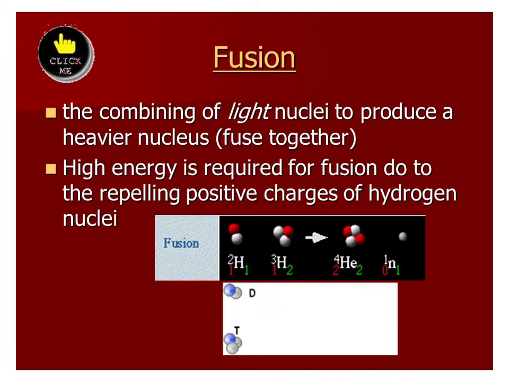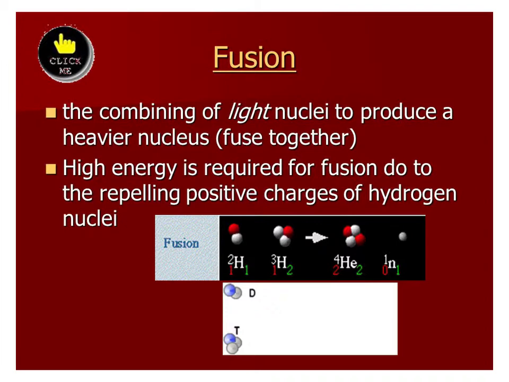And in the other case, tritium, we have 1 proton and 2 neutrons, right? And then we're going to mash these together, and we're going to form a helium nucleus, and we're going to release 1 neutron, right?